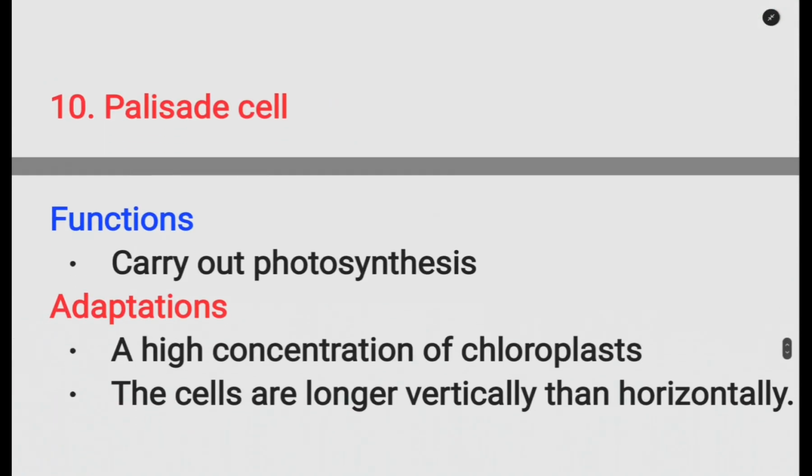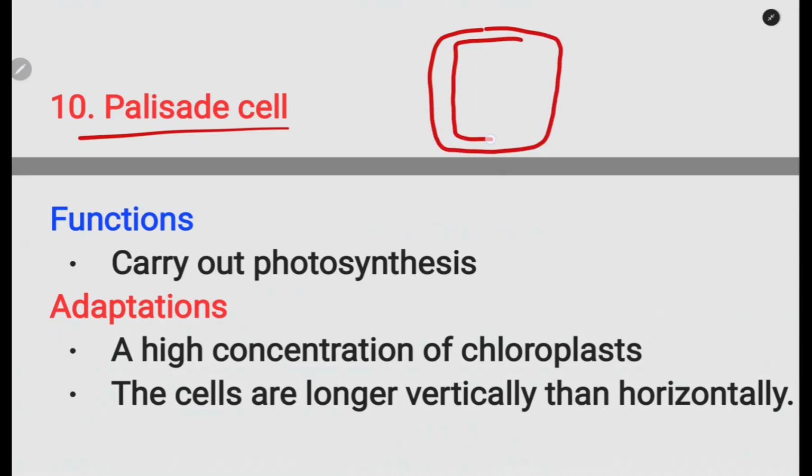Then now let us look at the palisade cell, and this is the last one that we are going to look at. So when you talk of the palisade cell, we are just looking at a typical plant cell, the typical plant cell that we looked at with the vacuole, the nucleus, the cytoplasm, the chloroplast, and all that. That is simply what we are looking at.